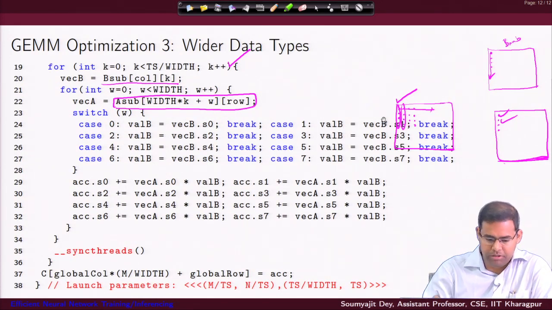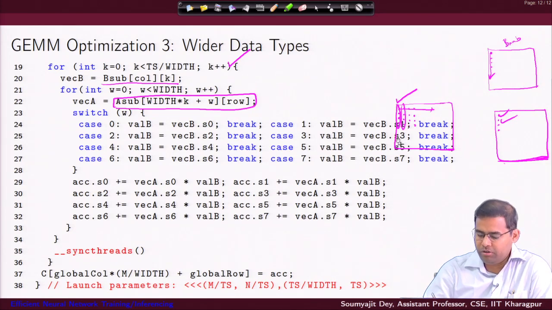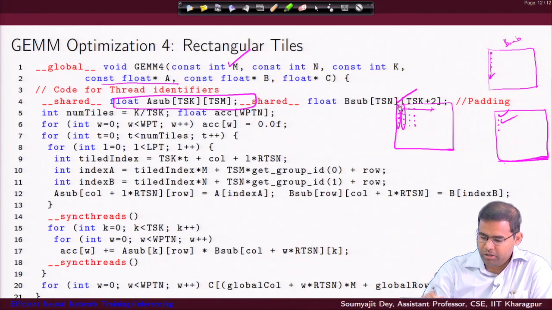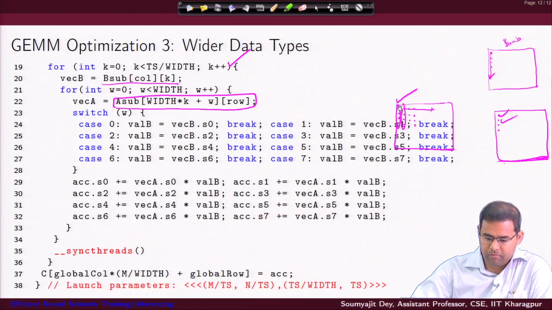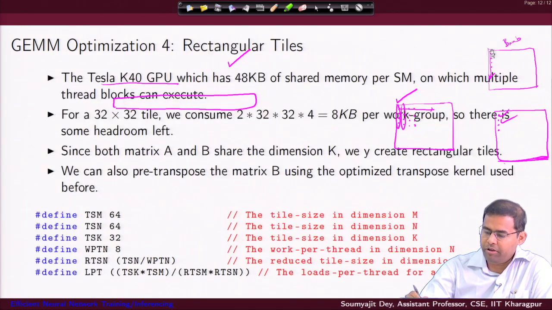I know that I have picked it up and I have stored it in vk, but I have to realize now that for the other vector, these are the components with which I am going to multiply them, because for vk, the first component needs to be multiplied with the first component of the vec b.